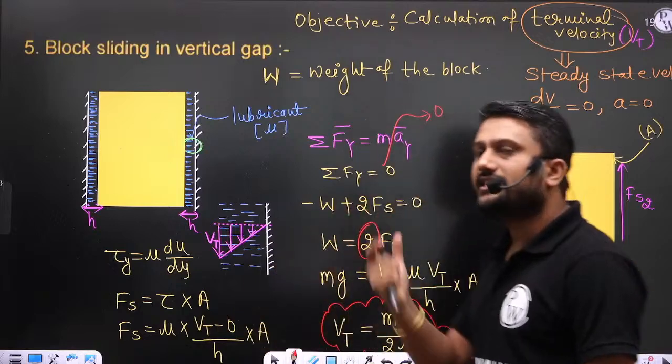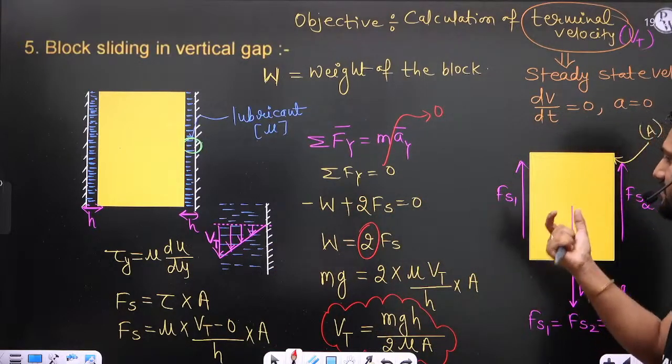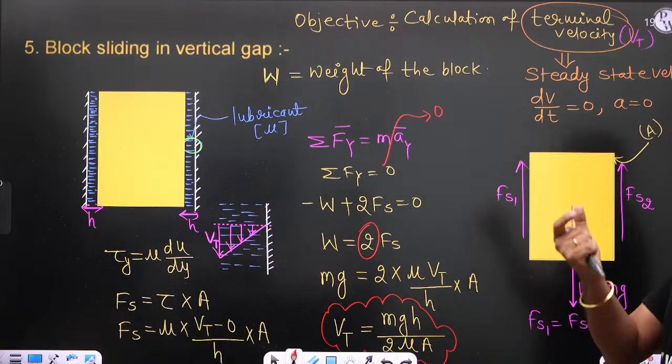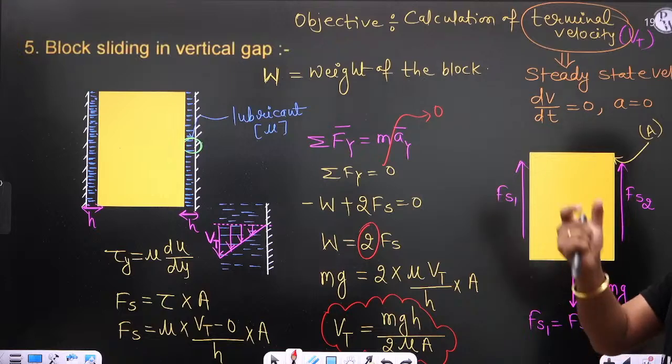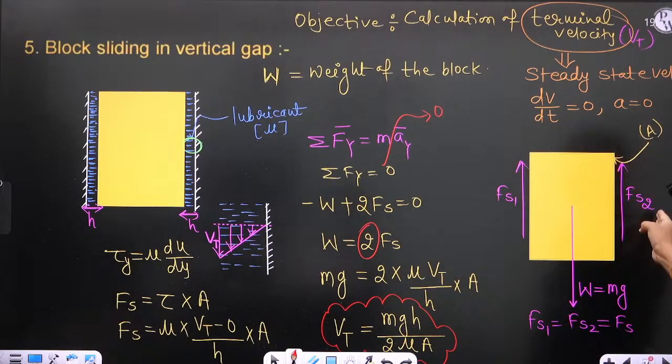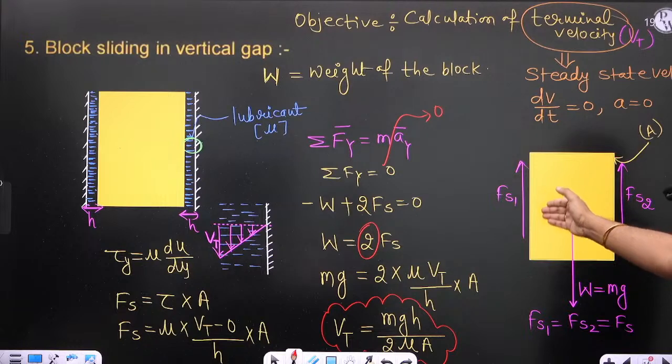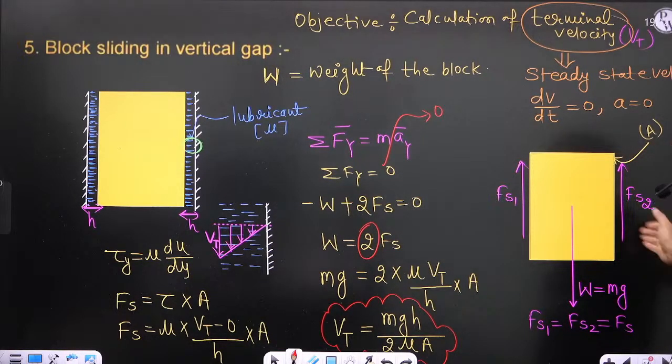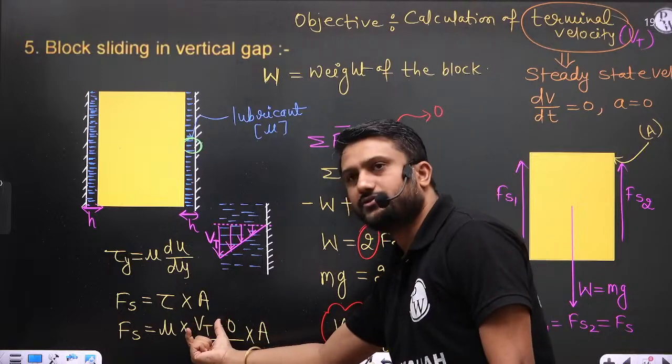The total shear force is 2 times fs, or you can say the total shear force is fs1 plus fs2. Since the symmetric condition is there, we can say fs1 is equal to fs2. So either you calculate fs1 or you calculate fs2. I calculated the fs2, and this is the fs2.